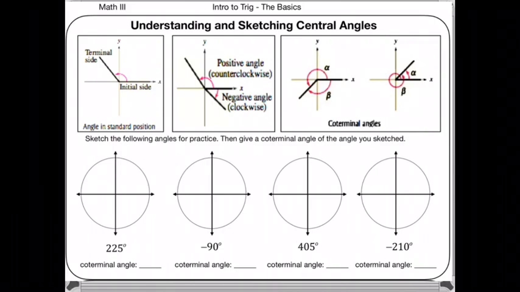So the first thing that we need to know is that our initial side right here is where angles start, and then if it goes counterclockwise, or if it's turning to the left, that means it's going to make a positive turn, and then it is going to end on a terminal side.